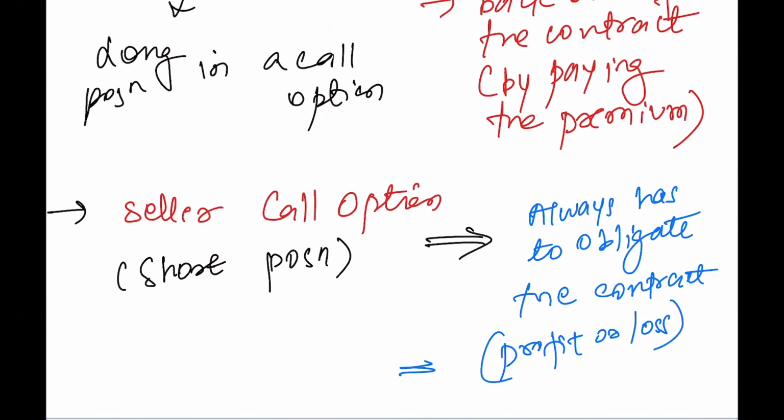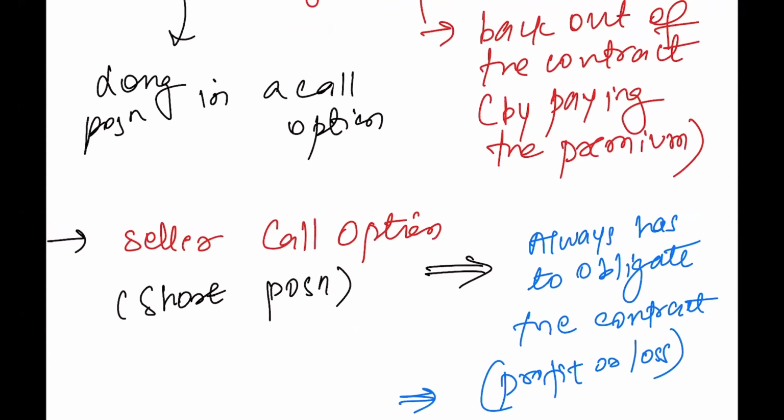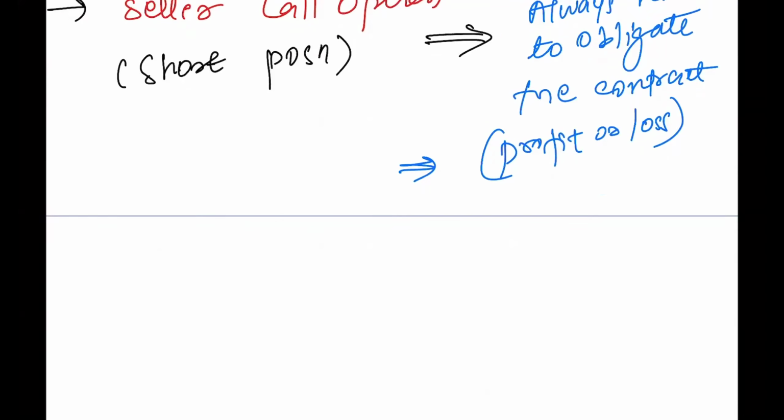This is the main difference. That's why you will see most of the parties are in the long position, because they can back out of the contract. Someone who's in a short position always needs to think, because the short position always has to execute the contract.